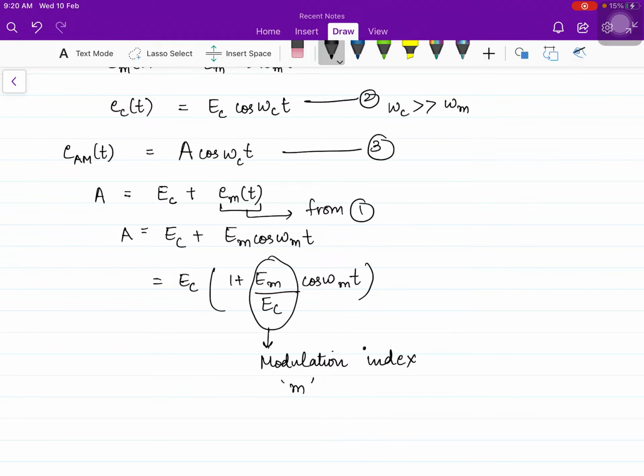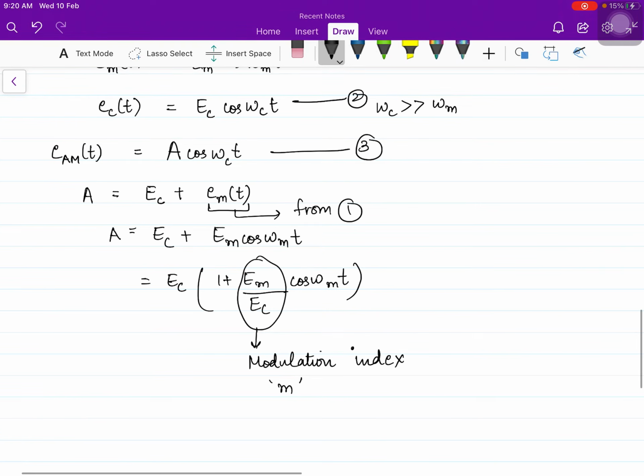For example, it is 70%, so it shows that 70% of the carrier amplitude has been modulated. Or it is 80%, then also it always shows you the extent up to which you have modulated the carrier wave. So we will discuss the significance of modulation index separately, that what should be its value, which is recommended for communication systems, in the further lectures.